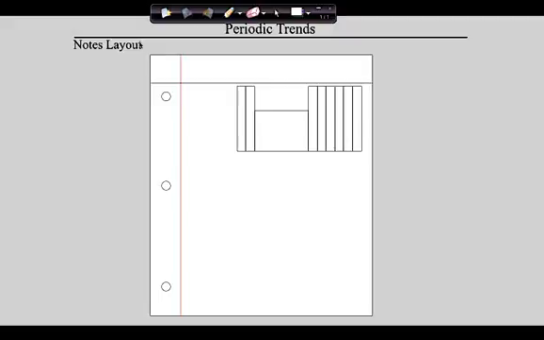Notice that you have a fair amount of white space to the left of this, but it is still large enough that you can write in the S and the P sublevels that we have broken up into 2 and then 6 columns. Then, guys, you are going to skip down 6 lines, not 5, not 7. You are going to skip 6 lines, and then you are going to draw in the F sublevel.